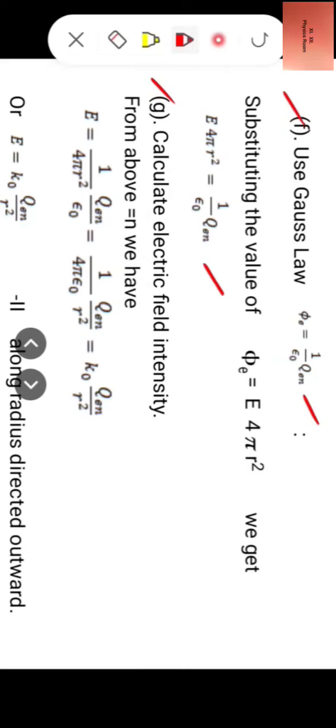From the above equation, we have E is equal to 1 by 4 pi r square into Q en divided by epsilon naught, or it is equal to 1 by 4 pi epsilon naught Q en divided by r square, or it is equal to K naught Q en by r square, where K naught is equal to 1 by 4 pi epsilon naught, or E is equal to K naught Q by r square. Mark it as equation 2, and this field is along the radius directed outward.